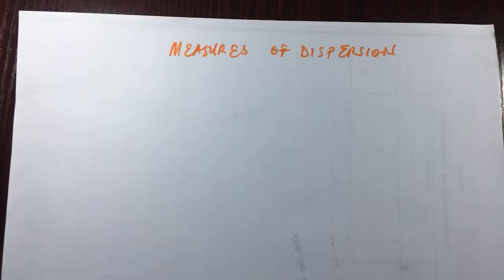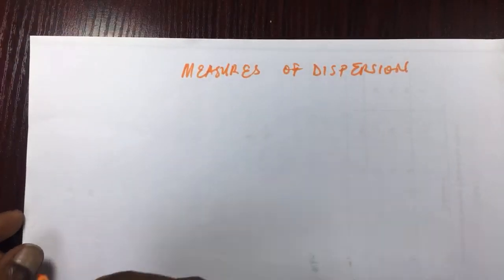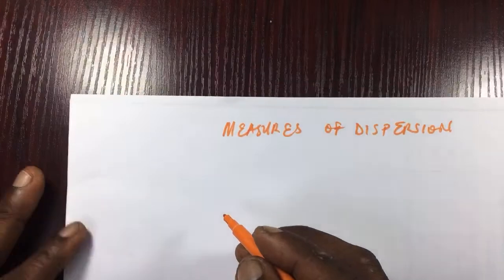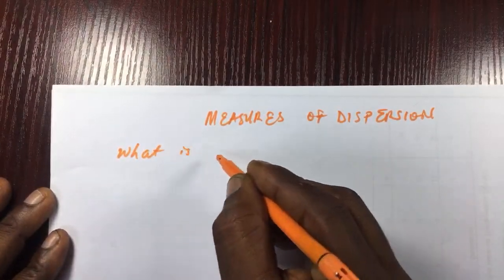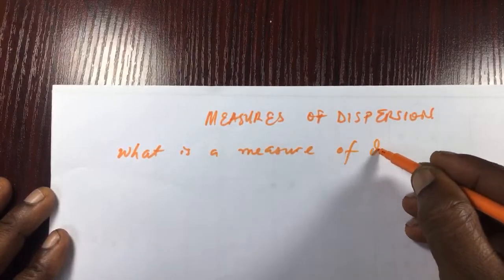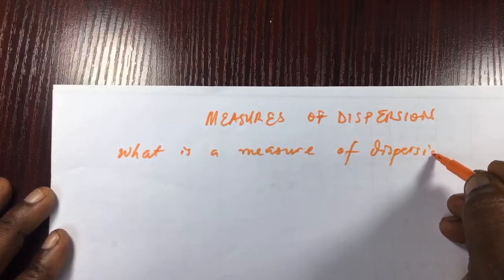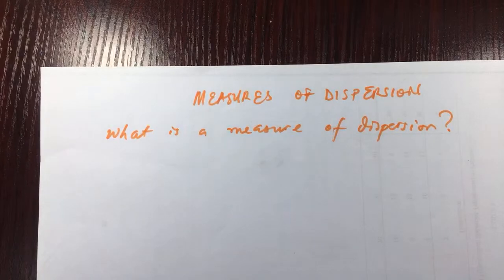We shall mention several measures of dispersion and then begin our discussion on each of them. Now let us start with answering the question, what is a measure of dispersion? So that will be the first question we shall be answering in this video.